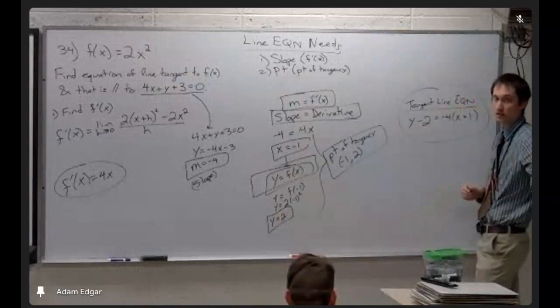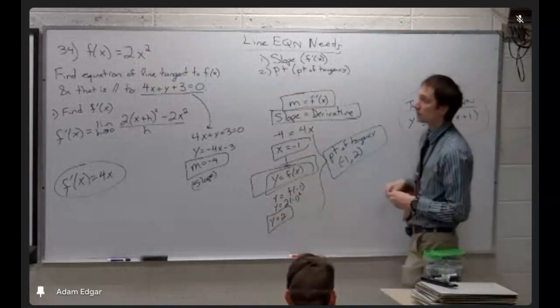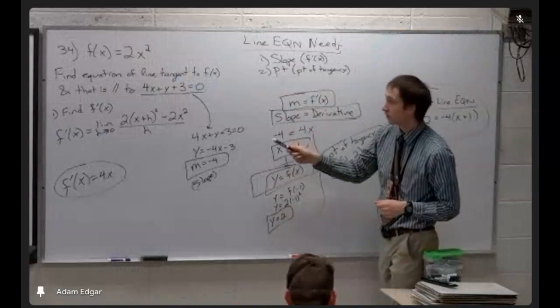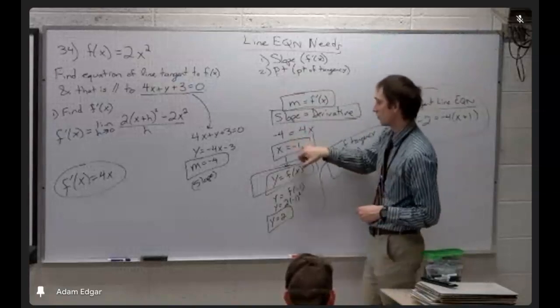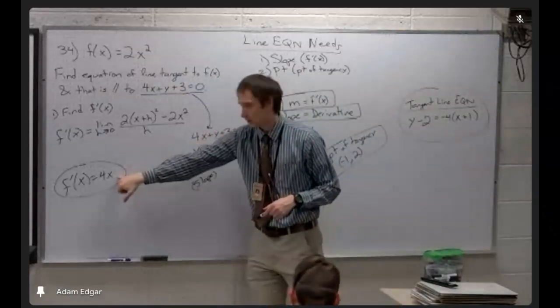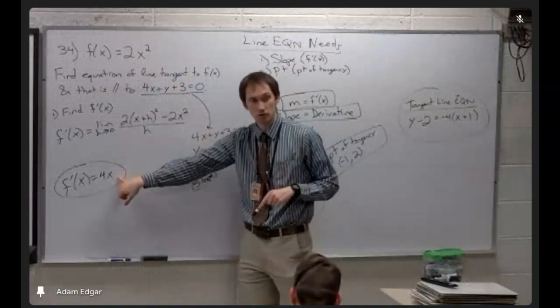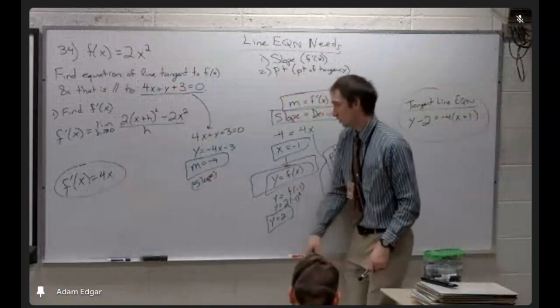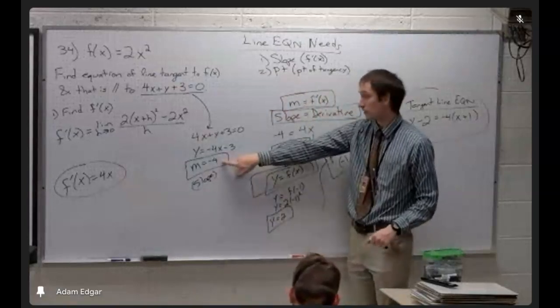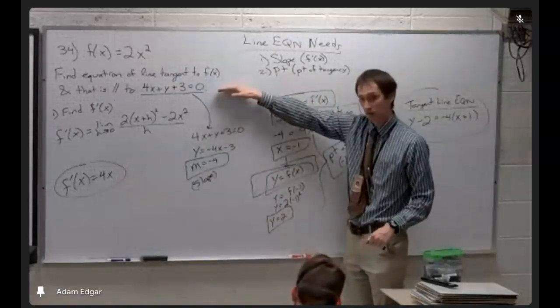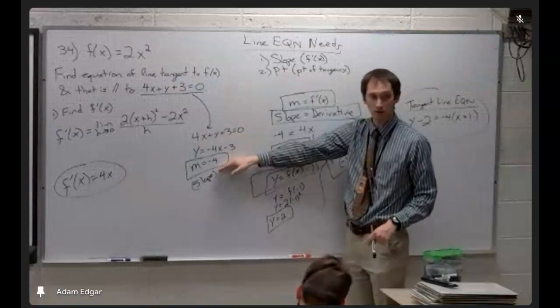Raisa? Why didn't I take -1 and plug it into the derivative? Because that would tell me the slope of the tangent line. The derivatives are slopes. But remember, we already know the slope of the line because we want to be parallel to this line, and that's how we found the slope.